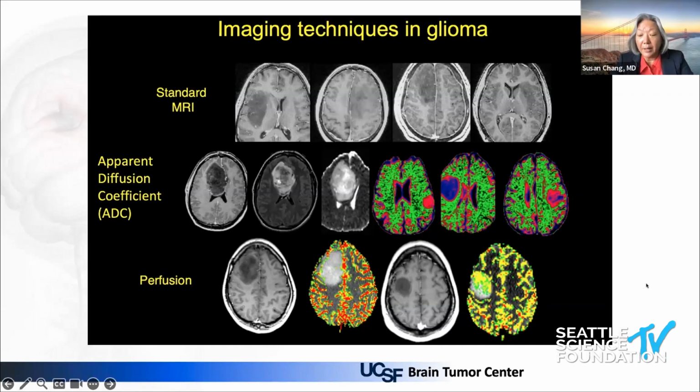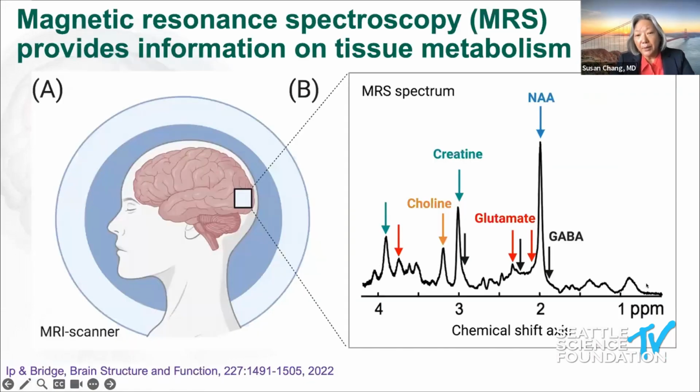But I want to talk a little bit more about the focus of our group, which is looking at metabolic imaging, and specifically magnetic resonance spectroscopy. And this is to give us information about the metabolites that are present within the tissue, specifically within normal cells, a normal brain.